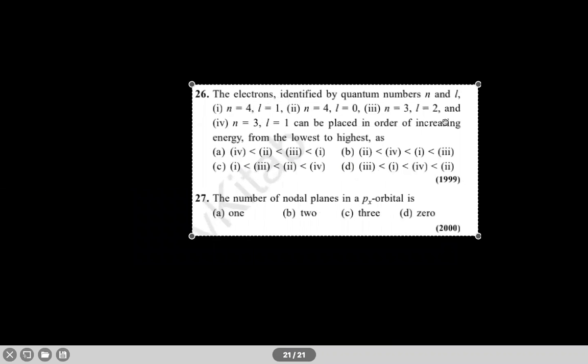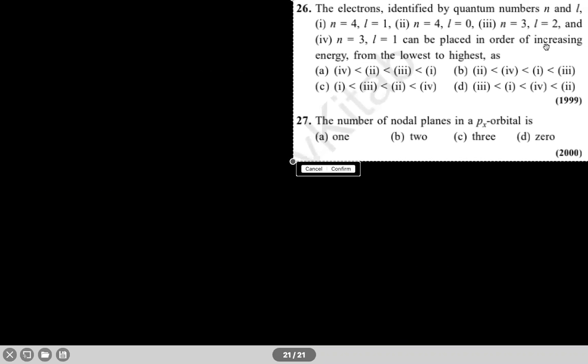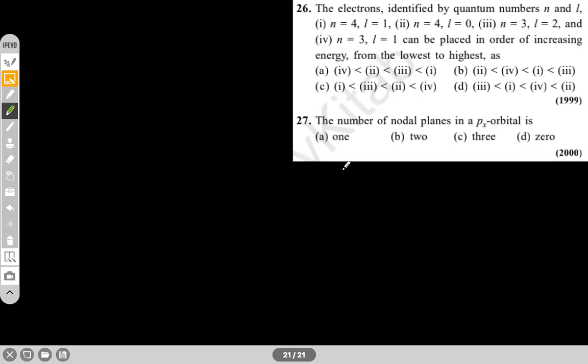Okay, let us discuss this question. The electrons identified by the quantum numbers n and l, these values are given, can be placed in the order of increasing energy from lowest to highest.